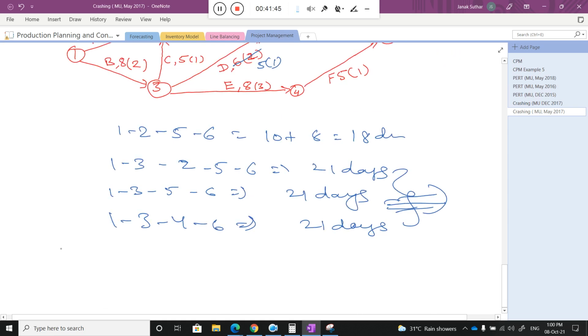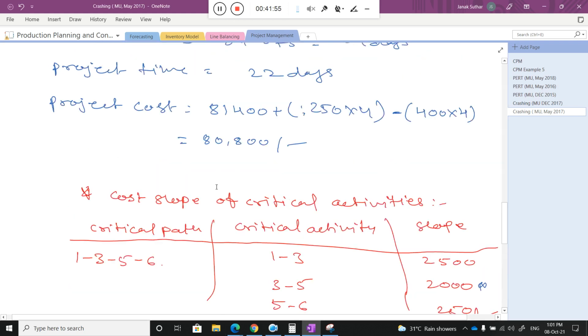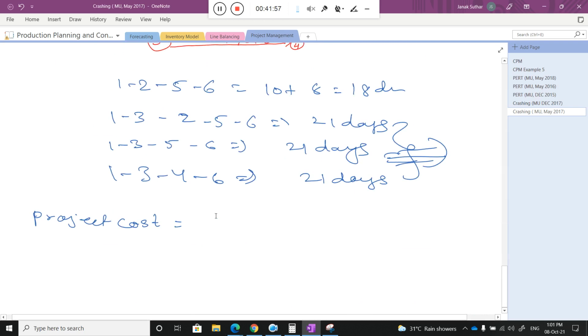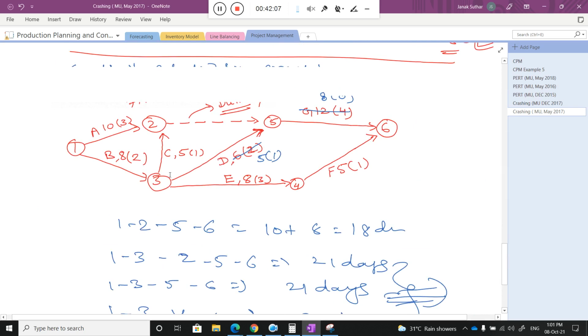Now what is the project cost, class? I know the cost at 22 days, right? I wrote that particular cost. What is the cost at 22 days? 80,800. Now if I reduce the activity, which activity I reduce? 3 to 5 activity.